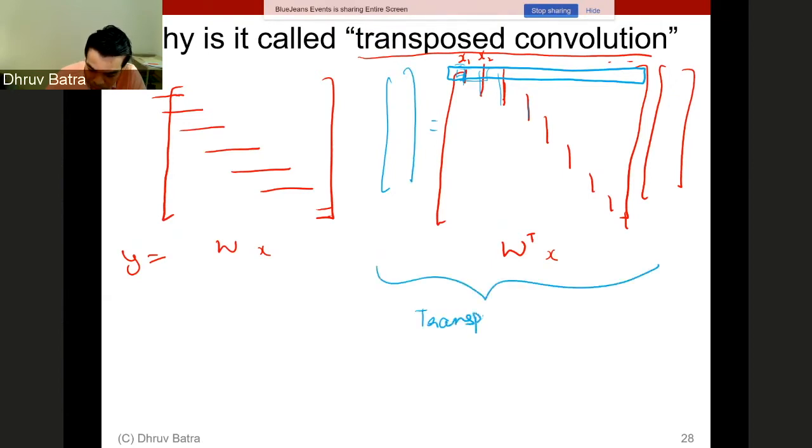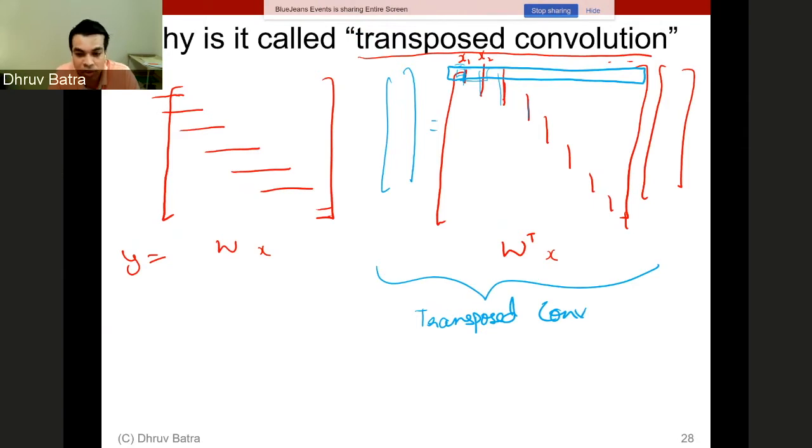called a transposed convolution because it is expressed as the transpose of a matrix which is expressing a convolution operation. We'll get to this again in a couple of seconds: a transposed convolution is itself a convolution.